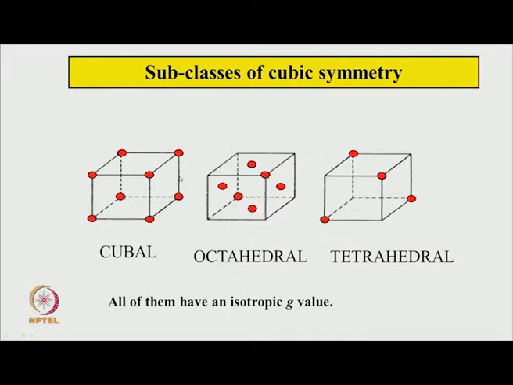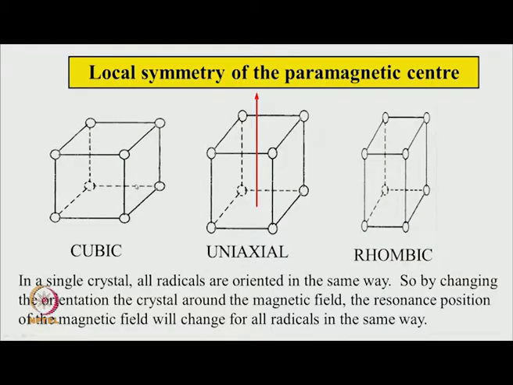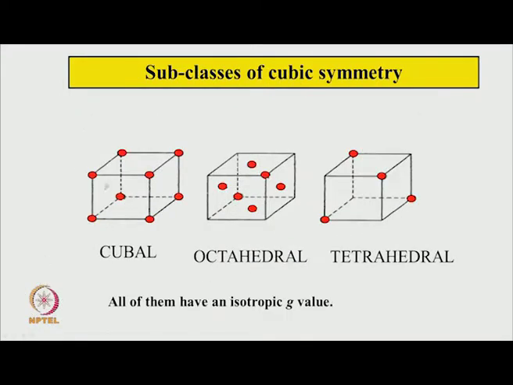Now, a cubic symmetry will give rise to this isotropic G value. These are various subclasses of cubic symmetry. It is a cube, all these lengths are the same, the way the atoms are placed, or it could be octahedral or it could be tetrahedral. These are all subclasses of cubic symmetry and all of them have an isotropic G value.